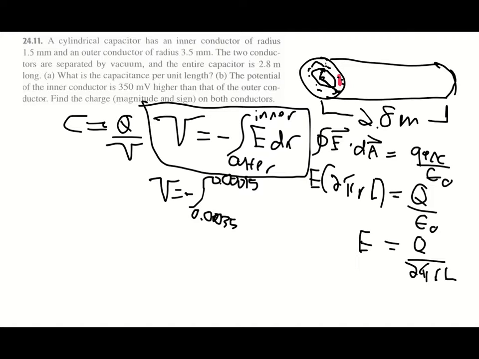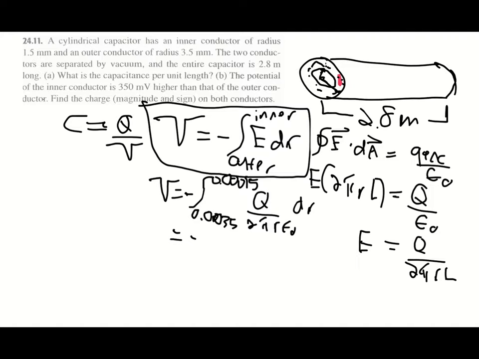It's going to be this whole expression, Q over 2 pi r epsilon naught dr. You can see right away there's only one variable here that's not a constant, r.